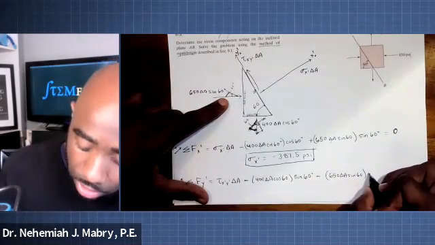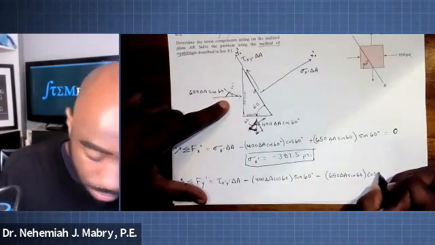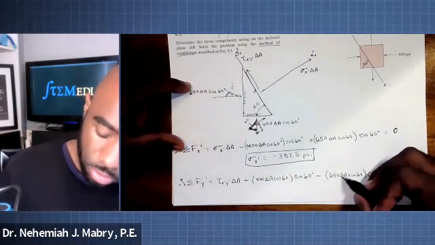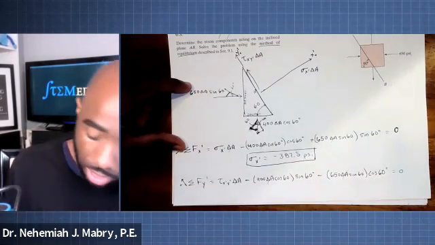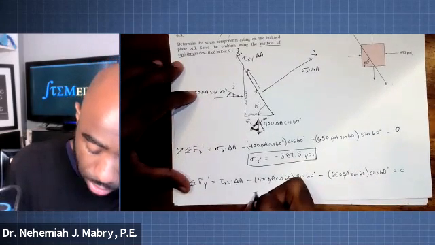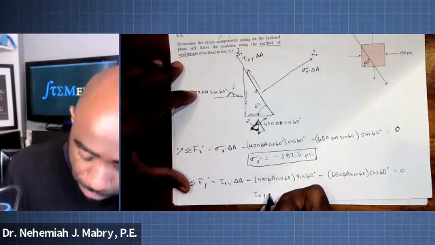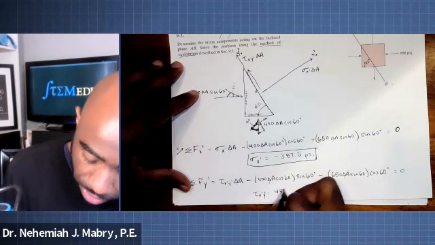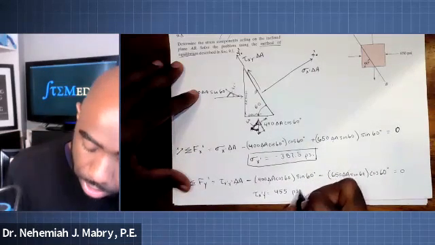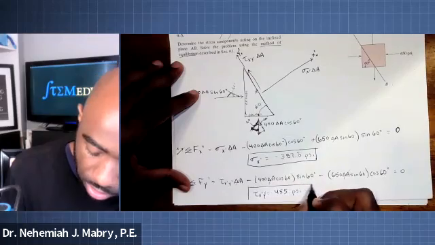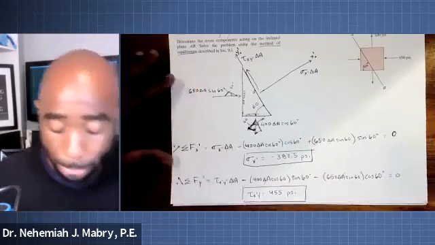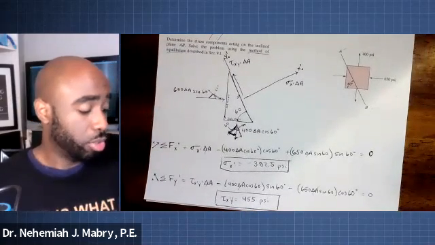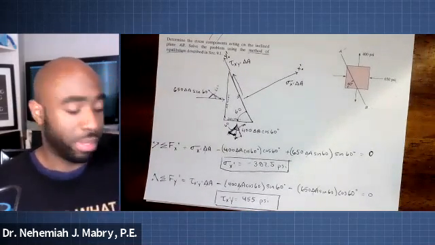So that's going to be the cosine of 60. Set that equal to 0. Cancel all our delta A's. Do the algebra and the trig in your calculator, and what you would get here is 455 psi. That is the value of the shear component using the method of equilibrium.